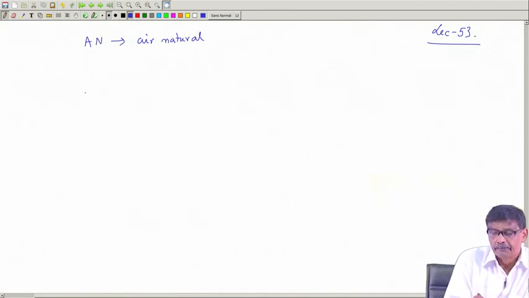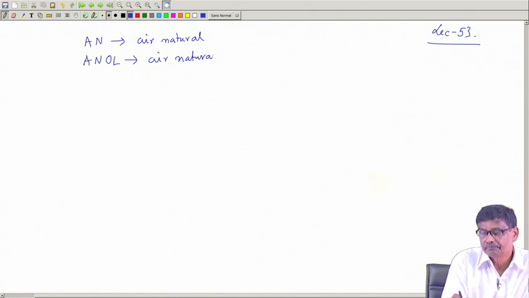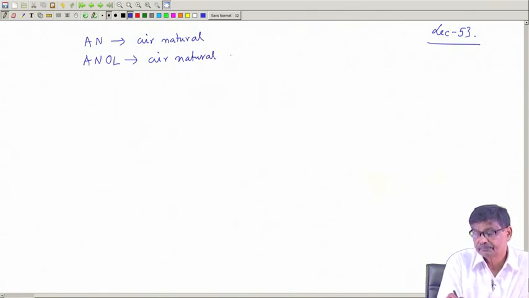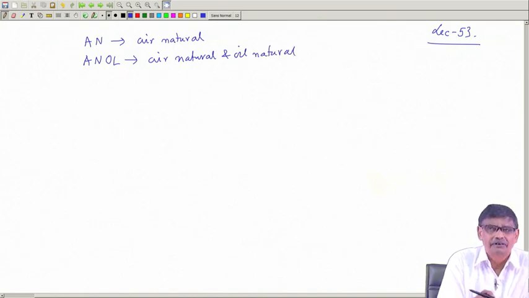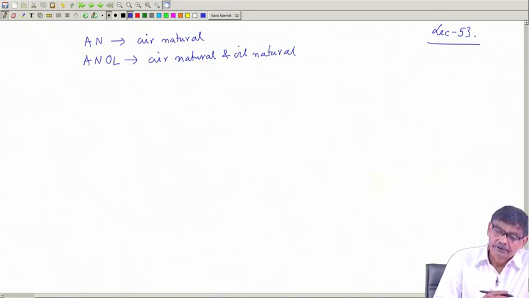There may be AN ON cooling, air natural and oil natural. There are a lot of combinations of this.